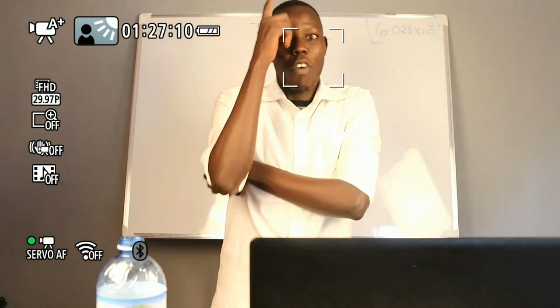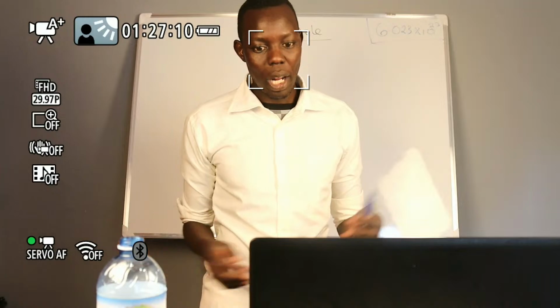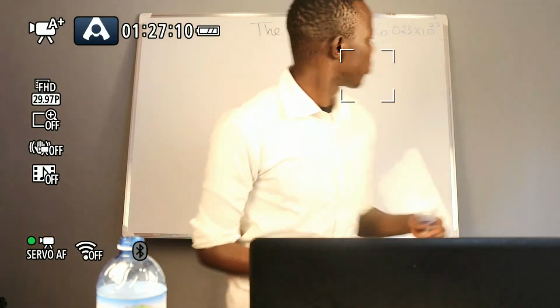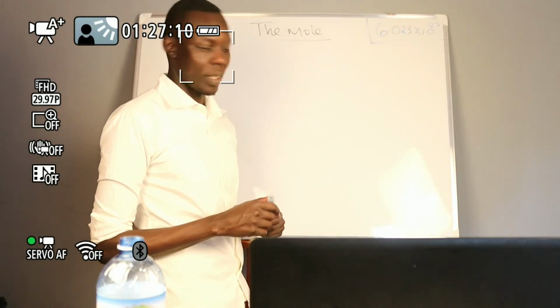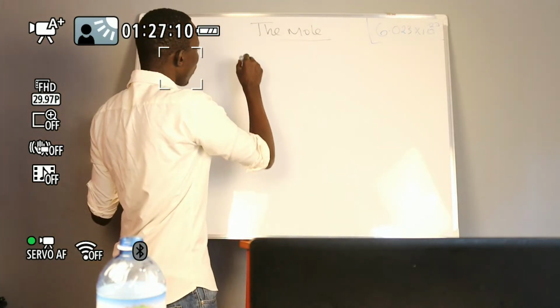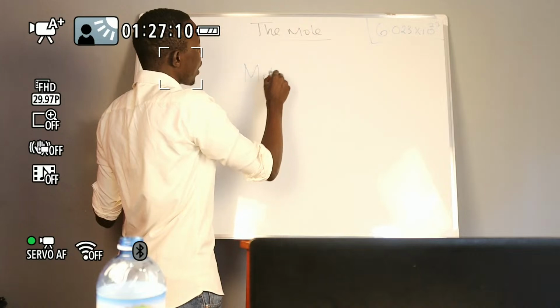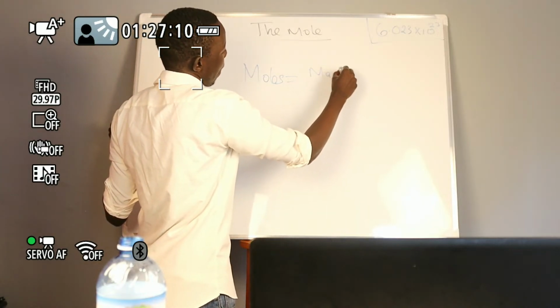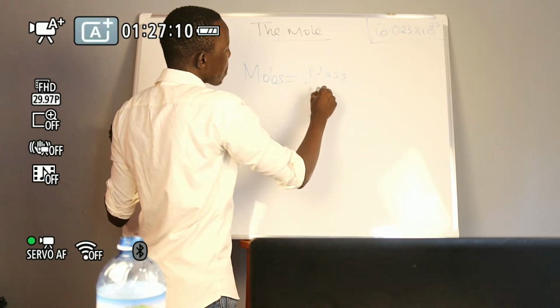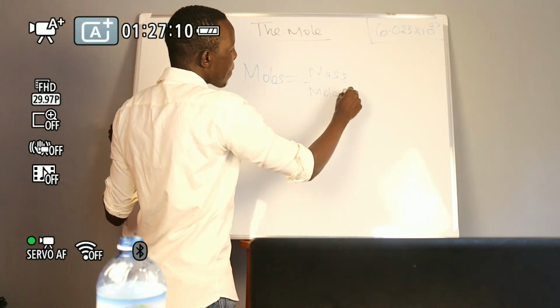So I want us to see how we calculate. So far we've just been doing some basics of the mole, but how do we calculate it? Moles is given by mass over molar mass.